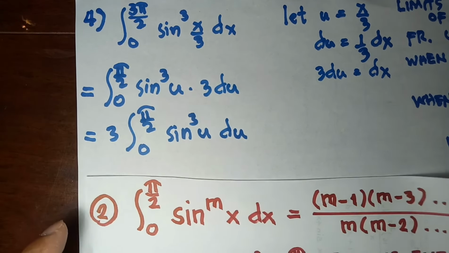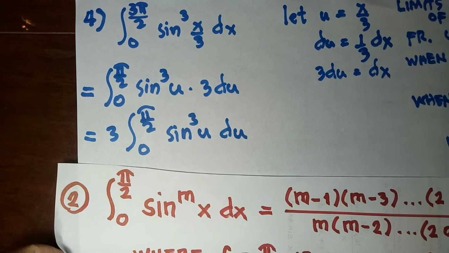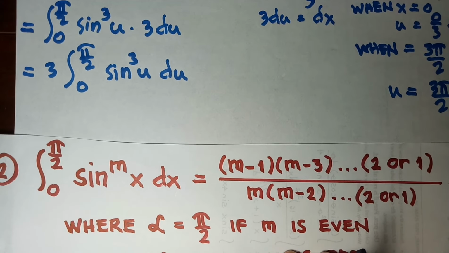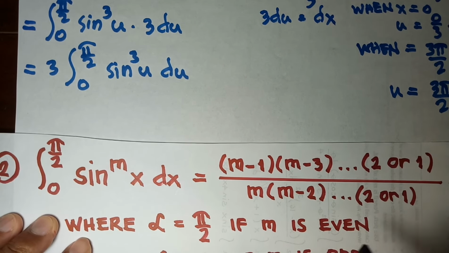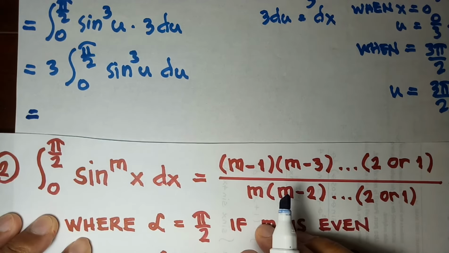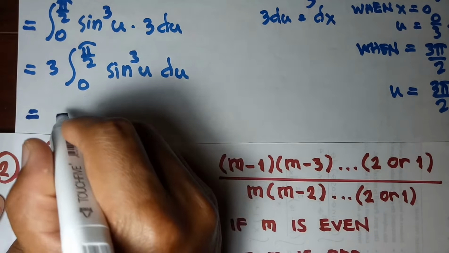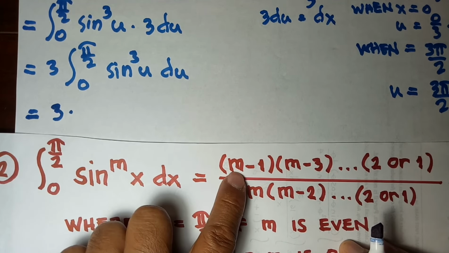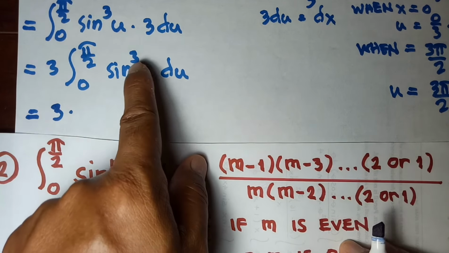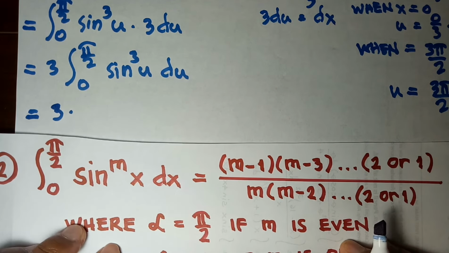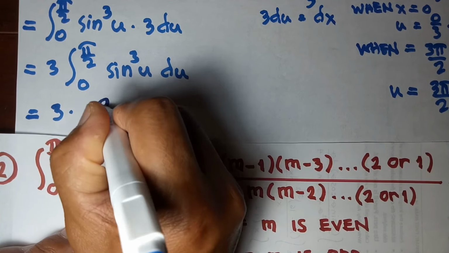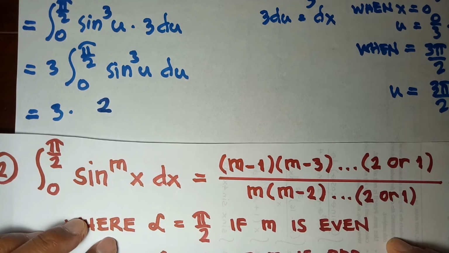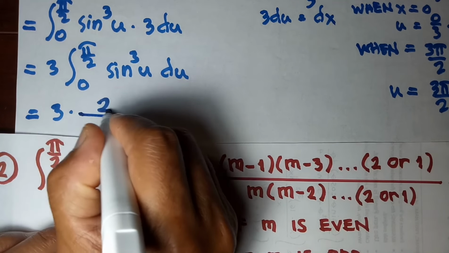So, we can now apply the Wallis formula. So, using formula number 2, this integral equals, so meron tayong constant na 3 and then times, m minus 1. Yung m natin ay 3, so 3 minus 1 ay 2. So dahil narating na natin yung difference na 2, tapos na tayo doon sa numerator.